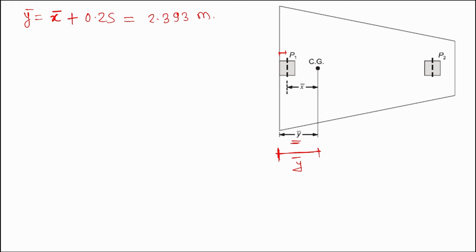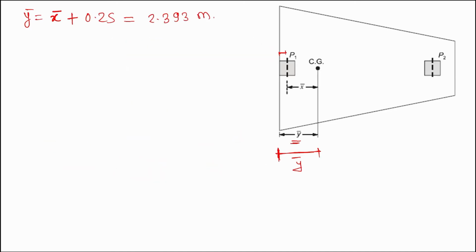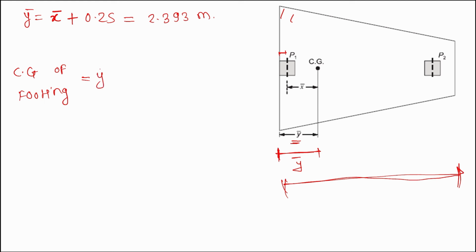They have mentioned that the stress beneath the footing is uniform, so for the entire footing the stress is uniform. So we can directly equate the CG of the footing y bar to this y bar.